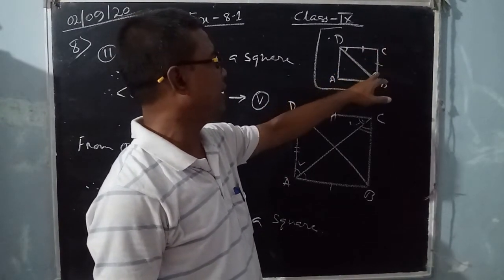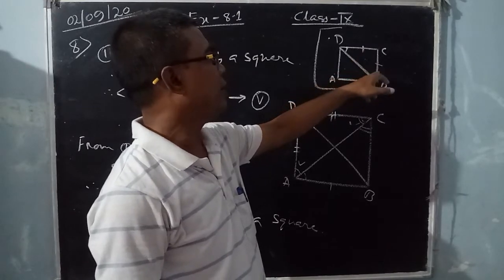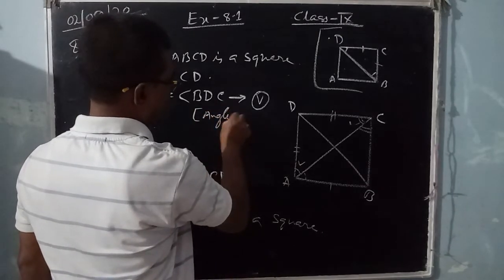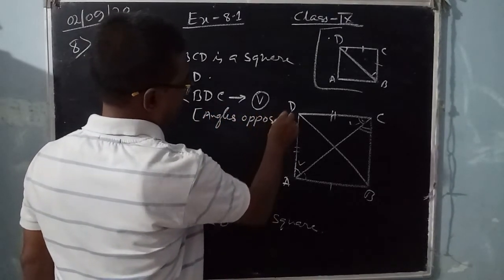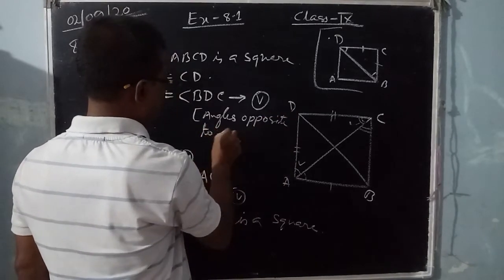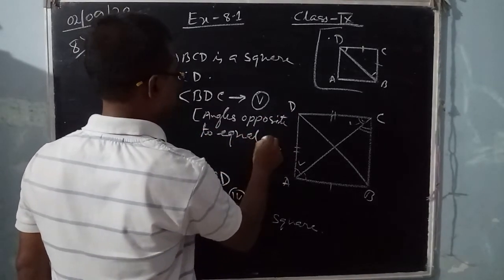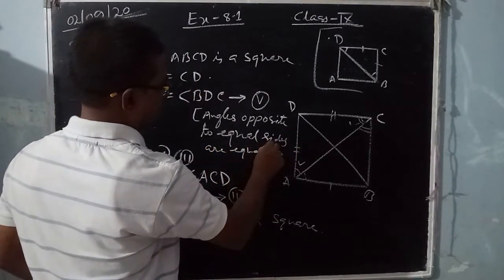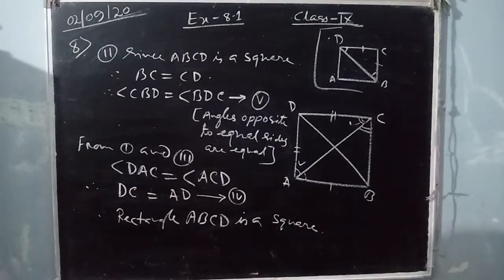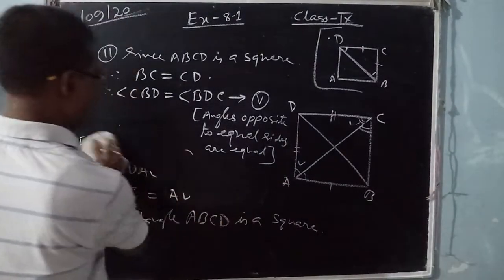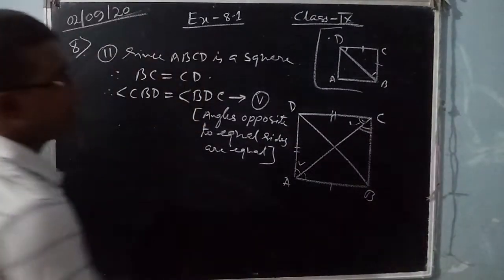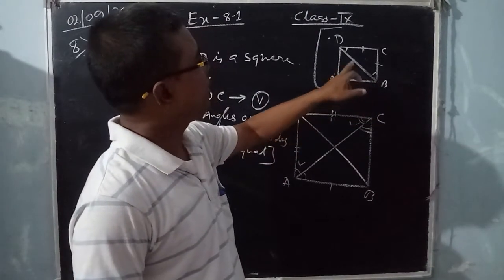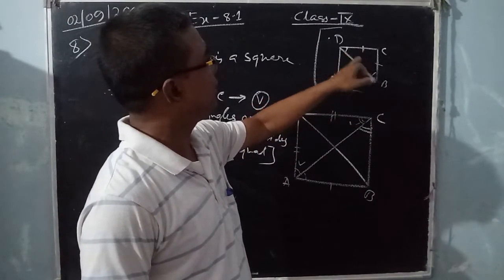If these two sides are equal, then these angles are equal, because angles opposite to equal sides are equal. After this, you got these two equal. Now you show that these are alternate interior angles.